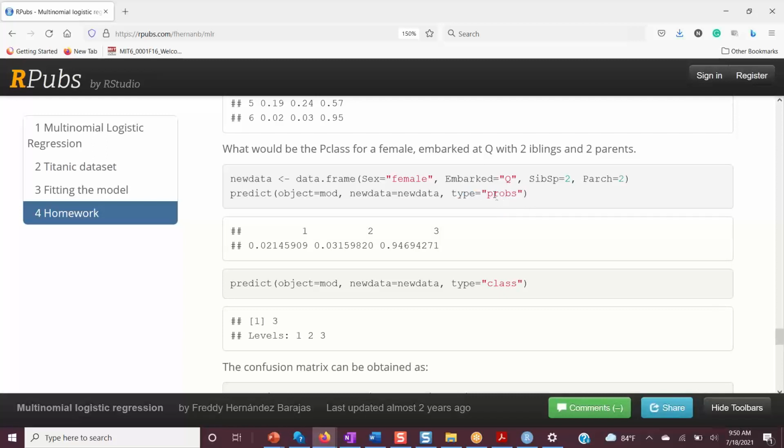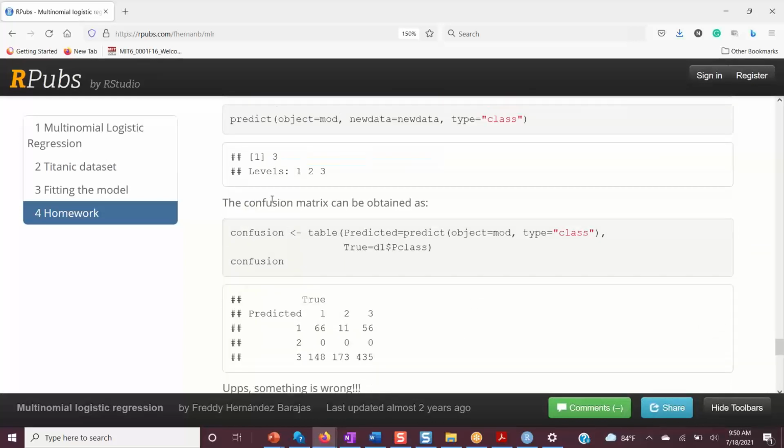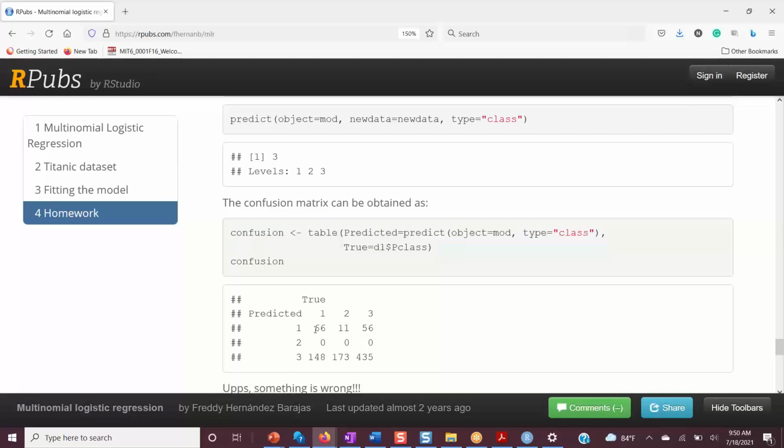Probability is the one, and this is what the probability is, exactly what you saw in 2 digits, but here it's not for new data, it's for the regular data, the data that you used for the model. From there, you can get the confusion matrix. Look at this confusion matrix. Because it is a 3-class model, it will be a 3x3 confusion matrix. That's what this one is.